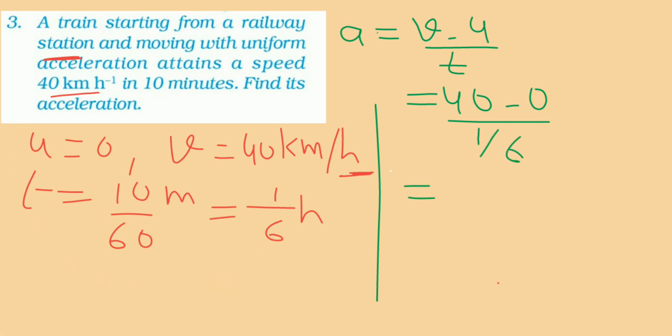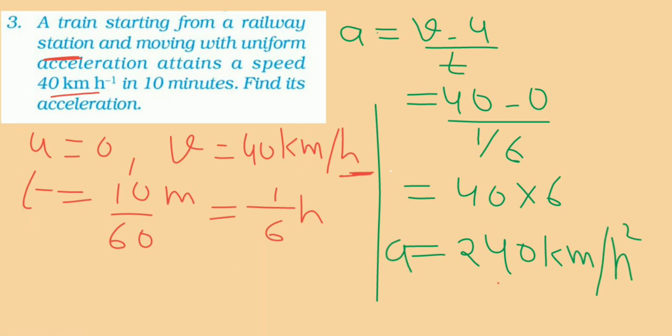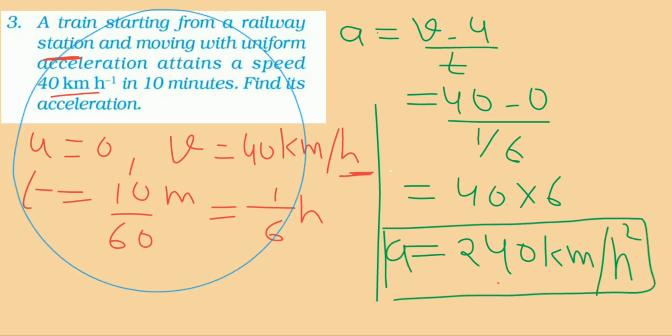So it will become 40 into 6, or 240 kilometer per hour square, would be our acceleration. Students, the answer in NCERT might be in meter per second square, but both ways we can write or solve.